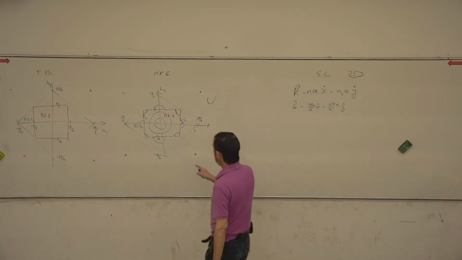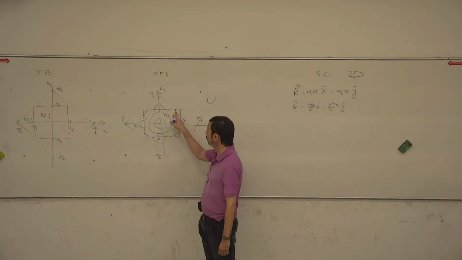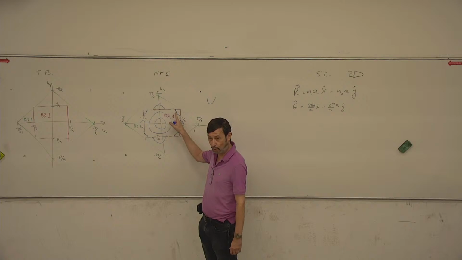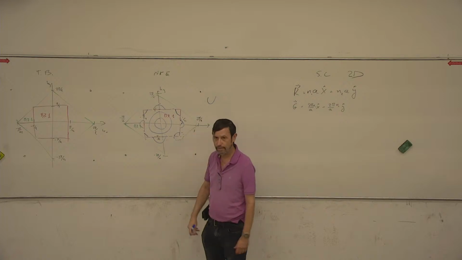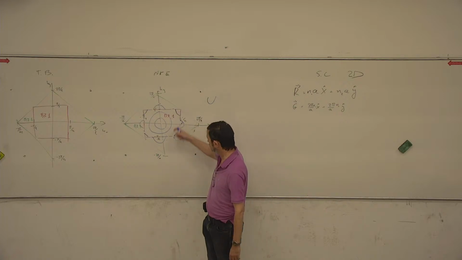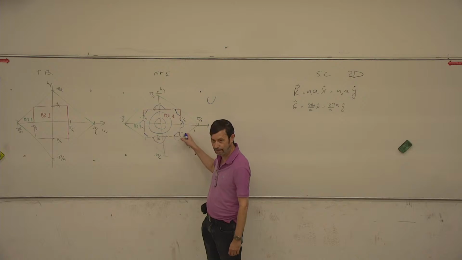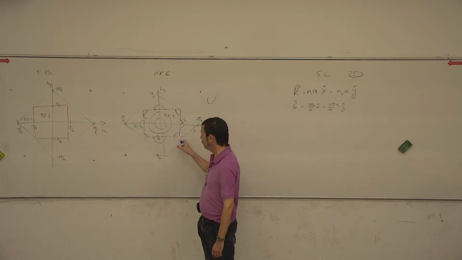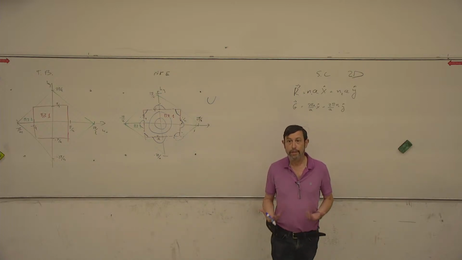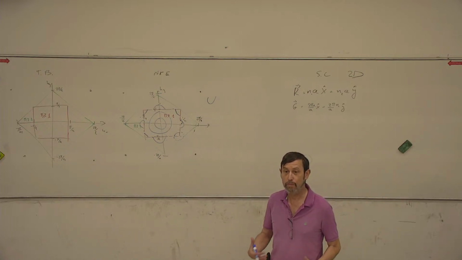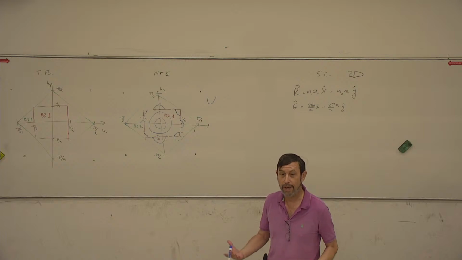But here, see, if I translate these three corners to here, copy this guy to here, this guy to here, this guy to here, effectively I have a Fermi surface for an empty bubble.